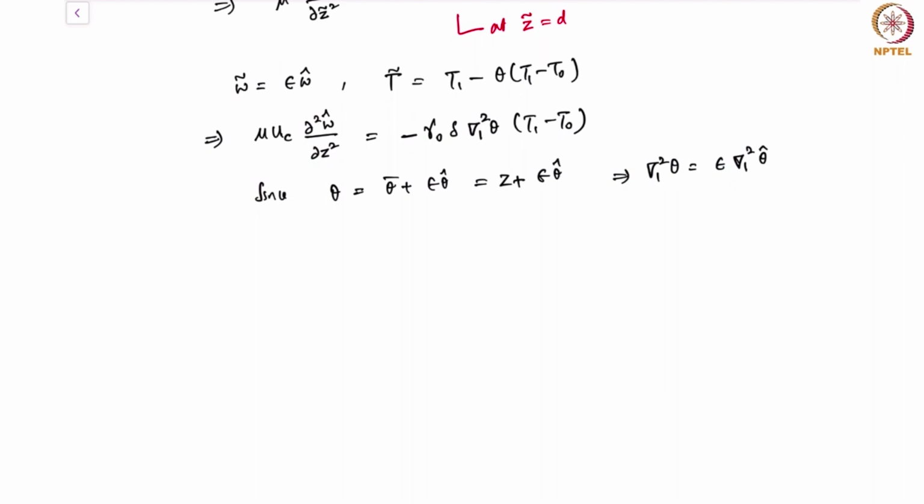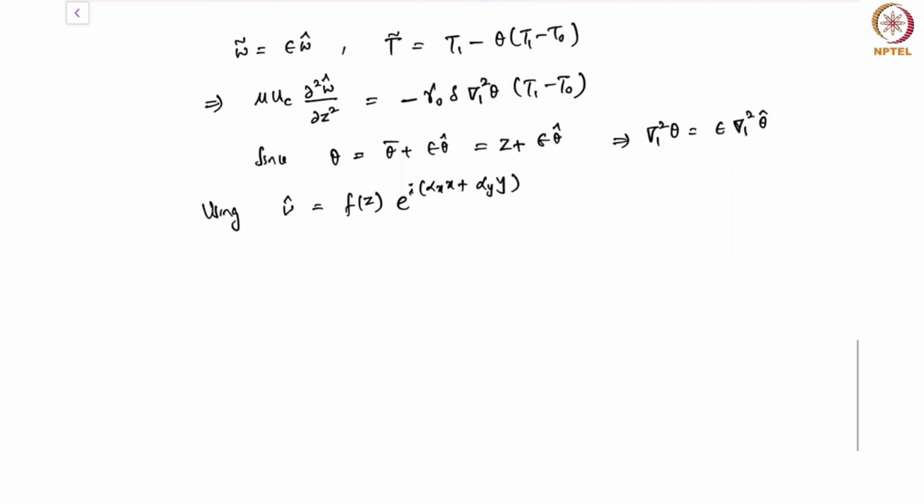And we also have the expressions for w hat. W hat will be nothing but f of z e power i alpha x x plus alpha y y plus, now they are considering the marginal case, so no plus sigma t, and well, it doesn't matter, we can put that in because this boundary condition is independent of whether we are considering the neutral case or not.